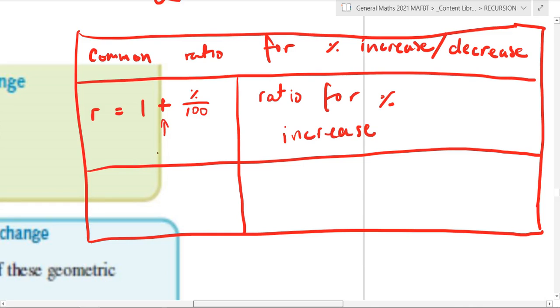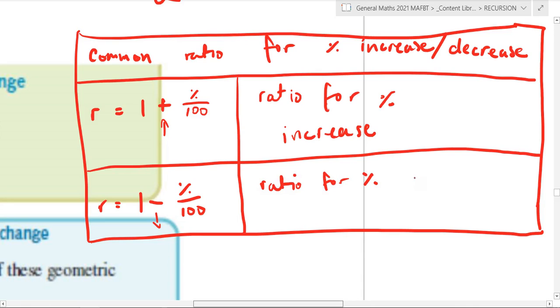But when a ratio is decreasing, so if you're reading the question, it tells you that something is decreasing, it's going to be 1 minus the percentage over 100. So you can see that it's a minus, so that means it's decreasing. So it's a ratio for percentage decrease.